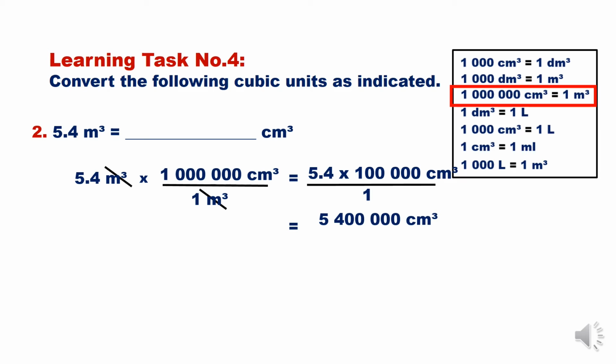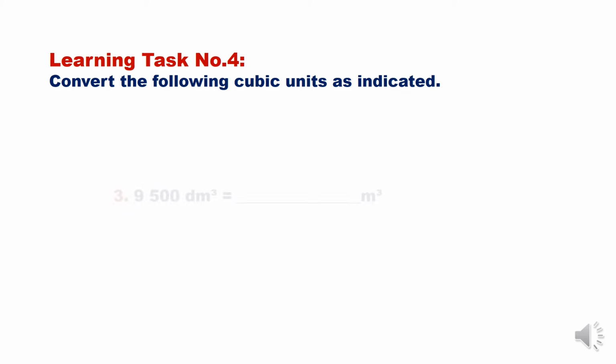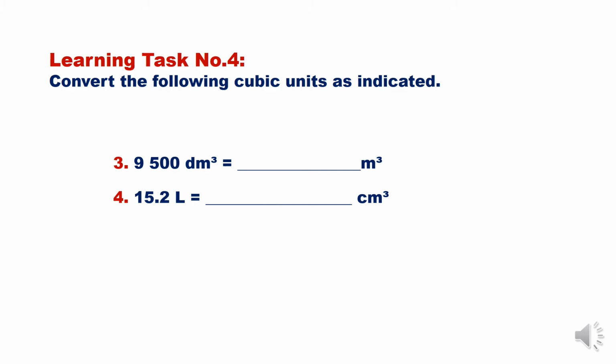So, 5,400,000 cubic centimeters divided by 1 equals 5,400,000 cubic centimeters. Can you try number 3, number 4, and number 5?